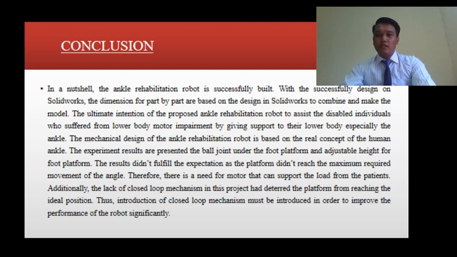Therefore, there is a need for a motor that can support the load from the patient. Additionally, the lack of a closed loop mechanism in this project had deterred the platform from reaching the ideal position. Thus, a closed loop mechanism must be introduced in order to improve the performance of the robot significantly.